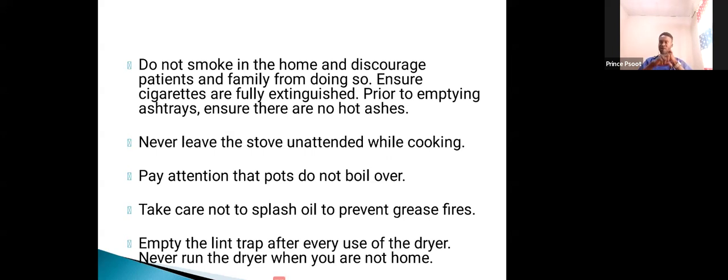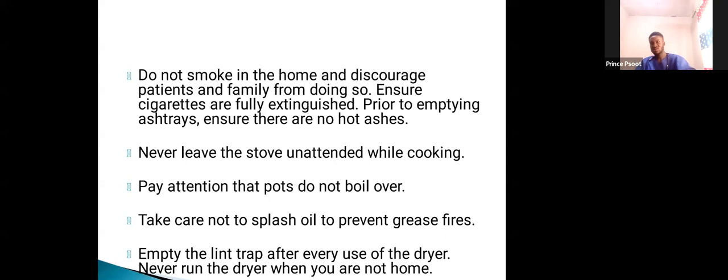Emptying the lint trap after every use of a dryer is important, but you never run the dryer when you're not at home. For example, you wash some clothes, now you want to use the dryer to dry them, and you are going out to get something outside, so you put the clothes in the dryer and then you are out. No, never try that.